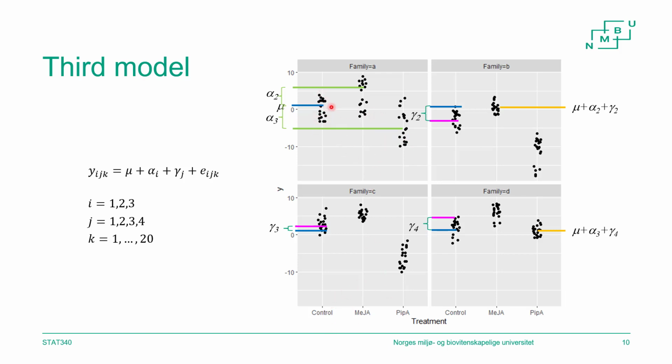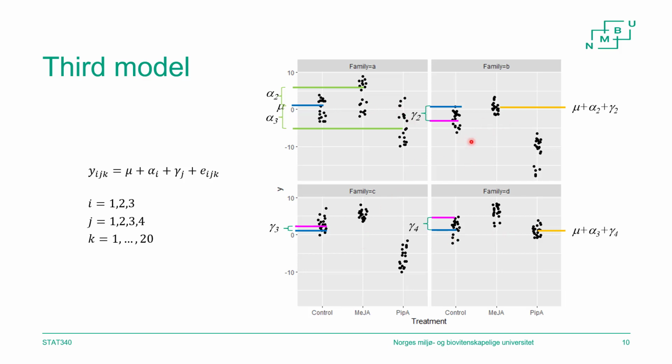If you compare this control swarm to the pip A swarm, in all the three other panels we see that it drops here, and it drops here, approximately the same. But here it doesn't drop, or very little at least. So there are some indications that the effect of treatment is not the same for all families.